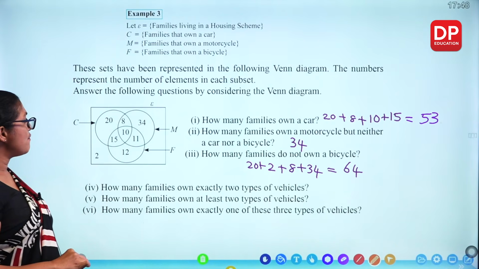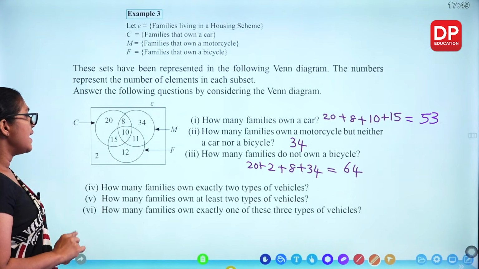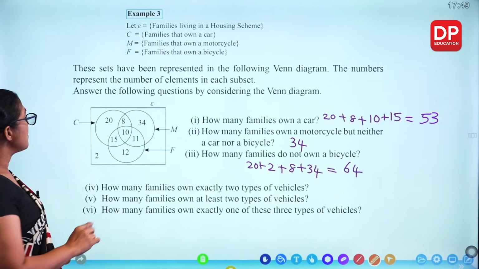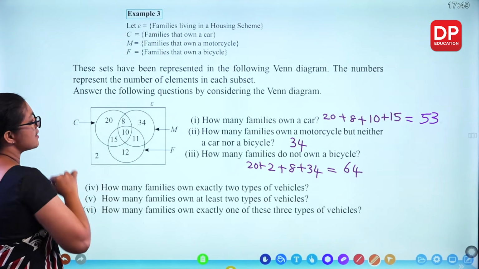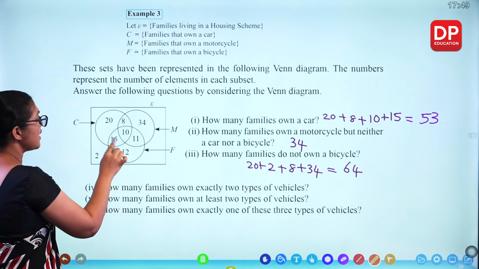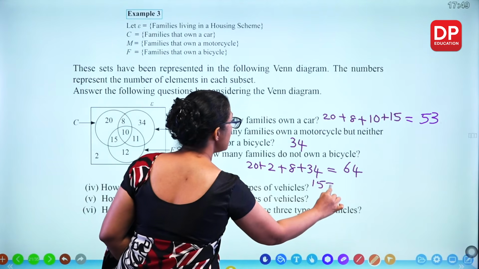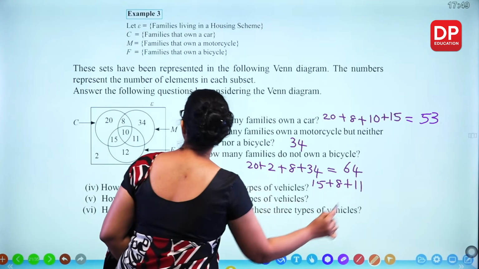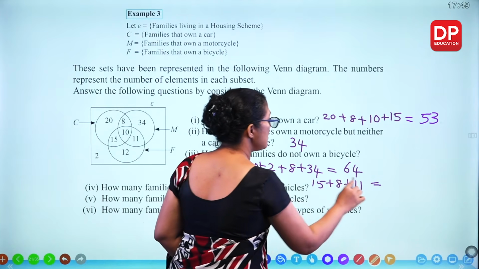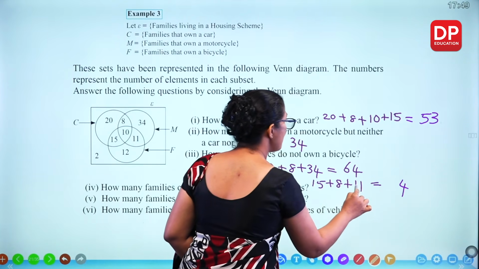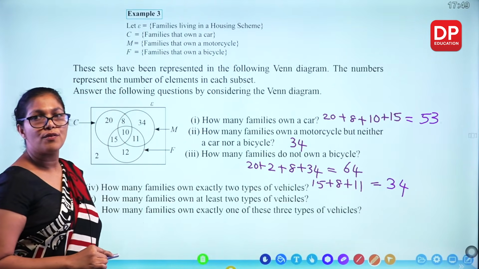Next one, how many families own exactly two types of vehicle? Exactly two. So that means you can't take this inside part 10. Exactly two, you can add 15, 8 and 11. So what's the value? 8 plus 5, 13 plus 1, 14, 1 remaining, 2, 3. So the answer is 34.